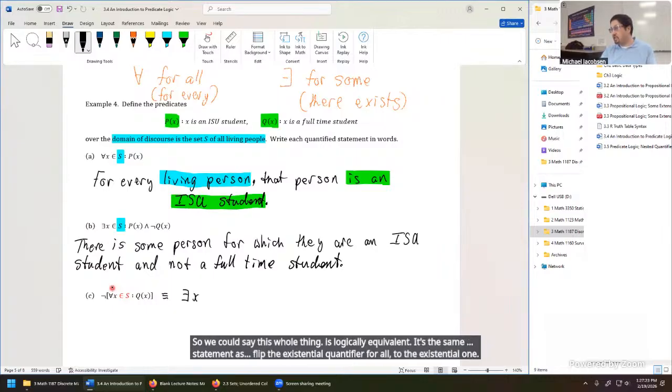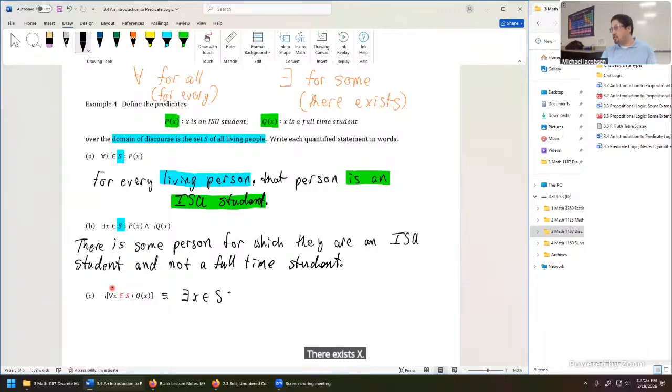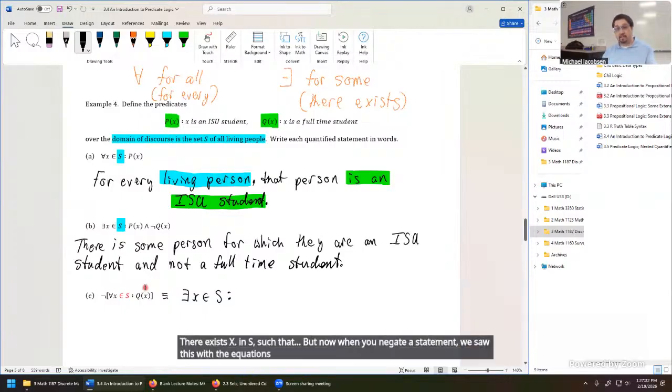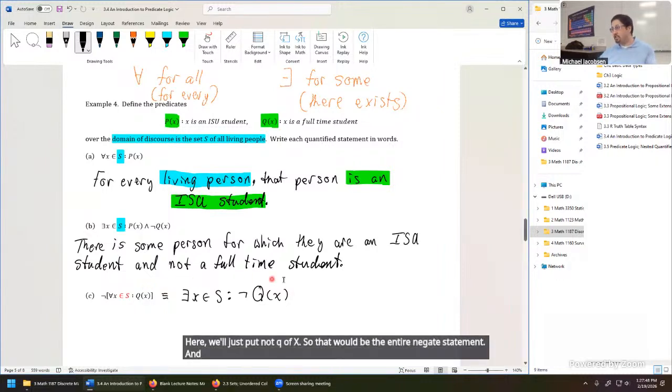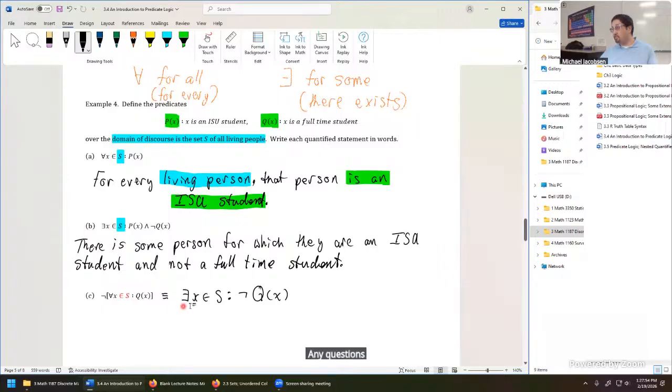There exists X in S such that, and now when you negate a statement, we saw this with the equations and inequalities where we converted from greater than or equals to less than, or from equal to not equal. Here we'll just put not Q of X. So that would be the entire negated statement. And in my opinion, this one is just easier to say, easier to write down on paper, and flows a little bit faster. Any questions at all, folks, with the negation?